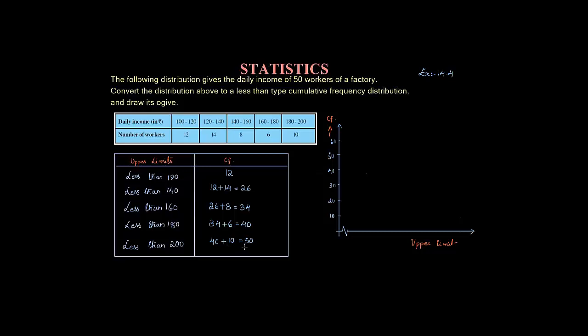I will stop here because the values are till 50 itself. And on the x-axis, the values are for upper limits. It will start from 120. So let me write from 120 itself; till 100 I am going to skip, so because of that I have just put it like this.